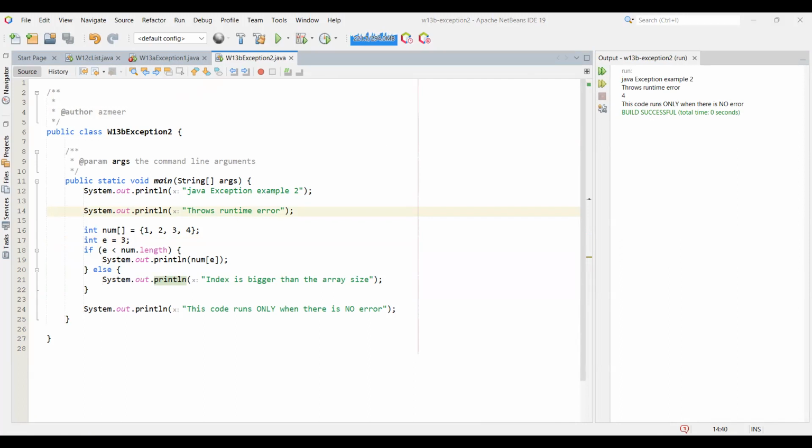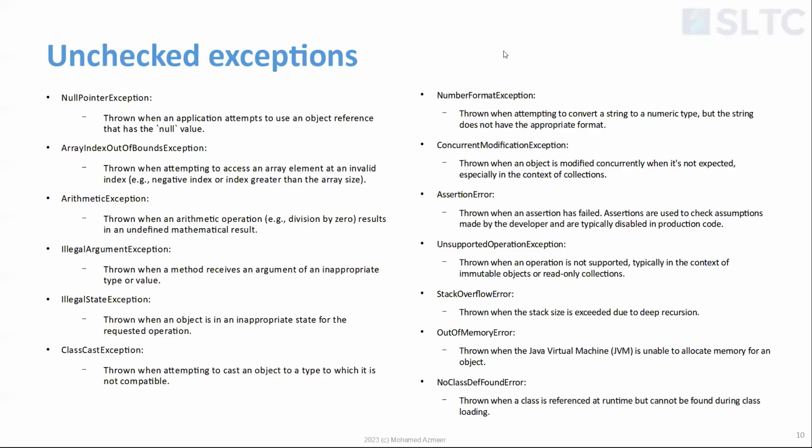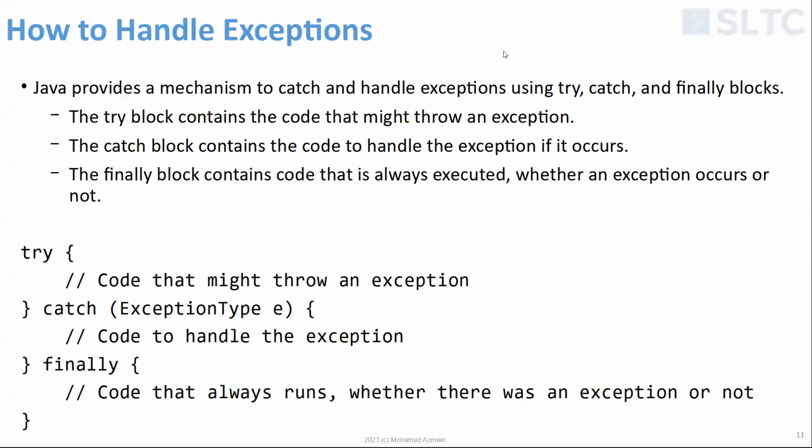Let's see. So in order to handle exceptions, we have a mechanism called try-catch block. In addition to try-catch, there is also something called finally. So the code that you have within the try will be your normal code, as in the code that runs without any trouble.